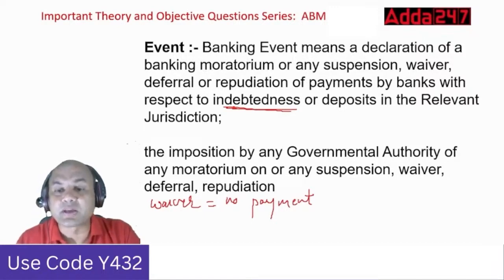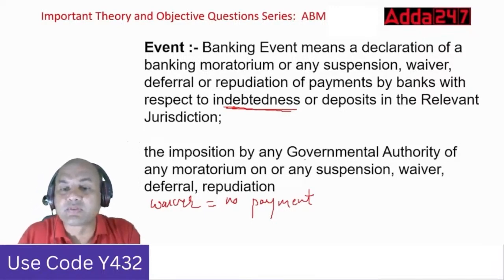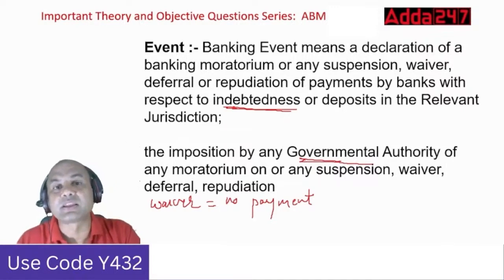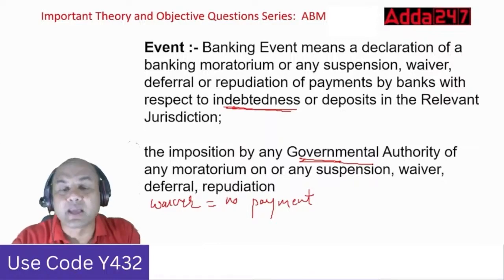Generally the waiver comes from the government only during election time mainly. Look at the state elections many times, you get all these waivers during that time. So this is known as an event. Event means something happening.